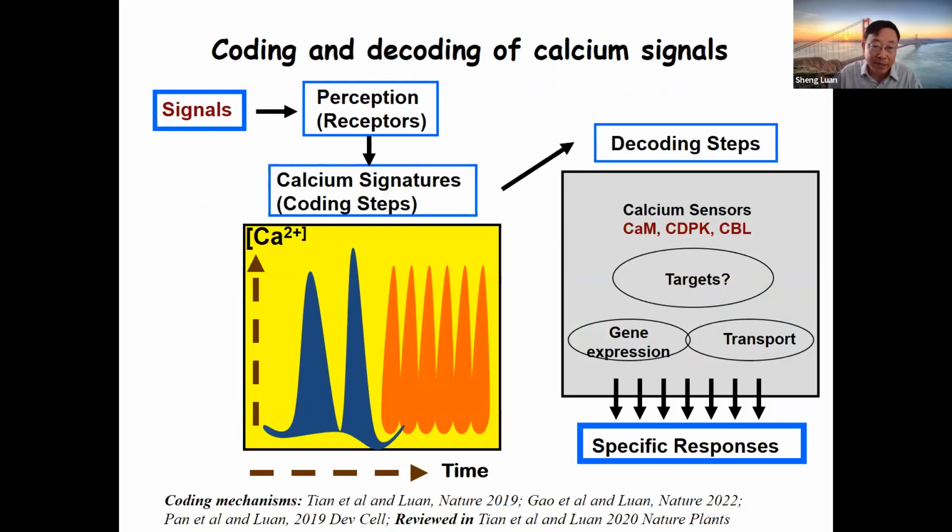Those up and down, oscillating patterns are due to the opening and closing of the channels, right? So now I'm going to use the rest of the time to talk about a particular CBL-CIPK calcium decoding network, and how that regulates mineral nutrient homeostasis in plants.